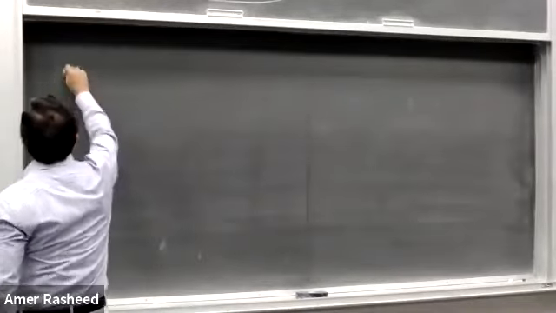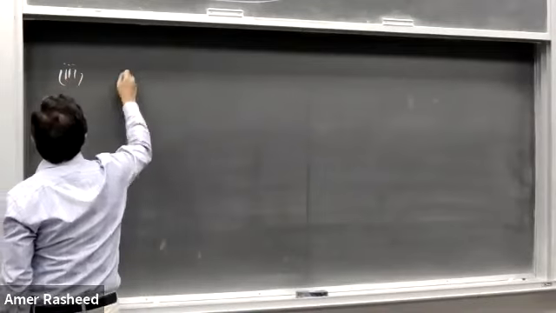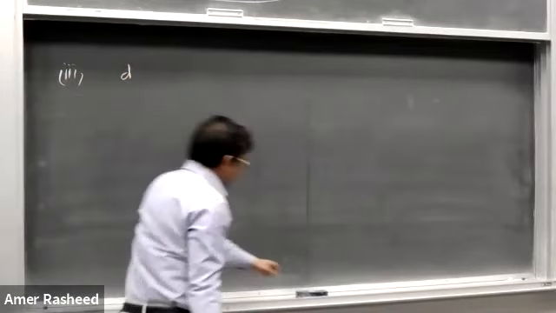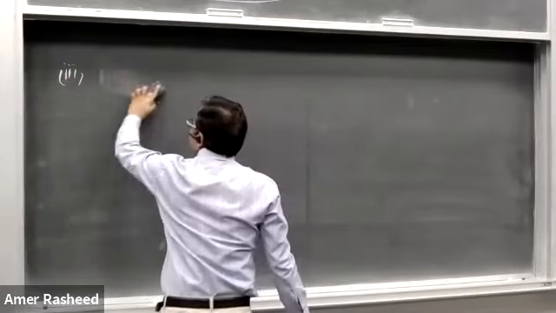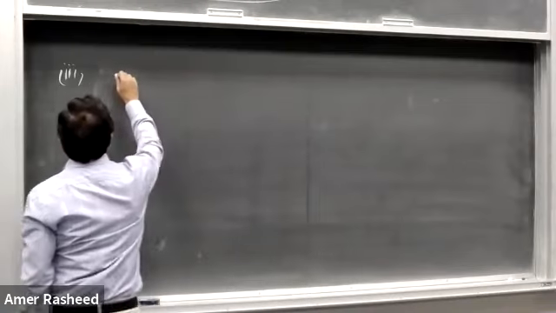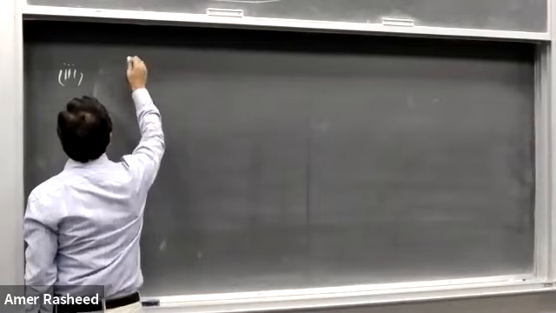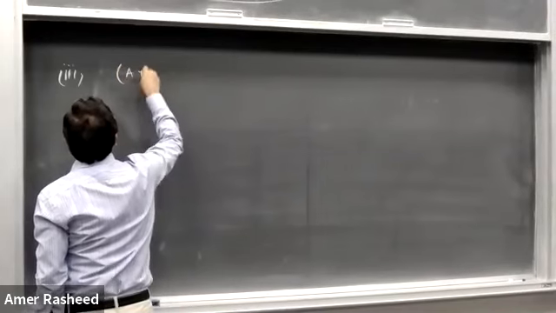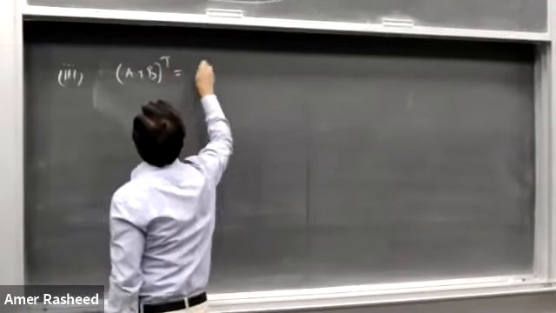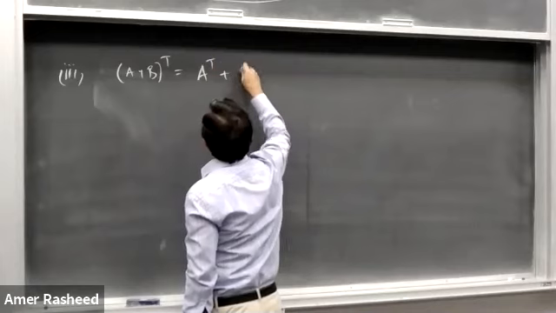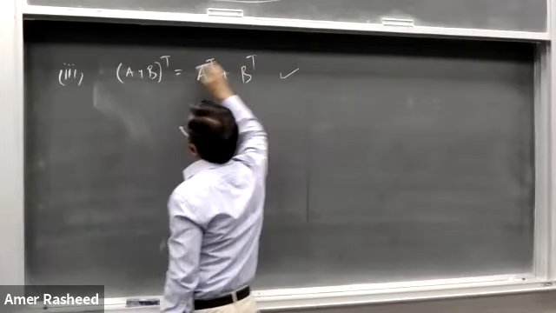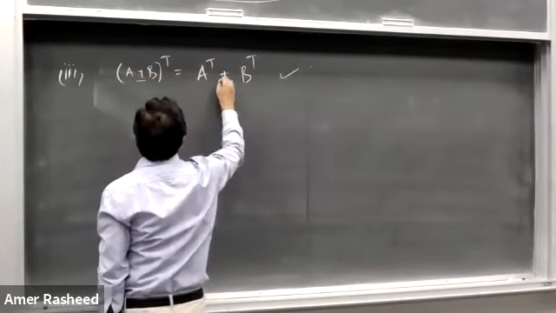A couple more properties for the transpose, not determinant. I've been writing determinant in the two lectures. Yes, (A plus B) whole transpose is equal to A transpose plus B transpose. This is true for the transpose, for plus or minus.